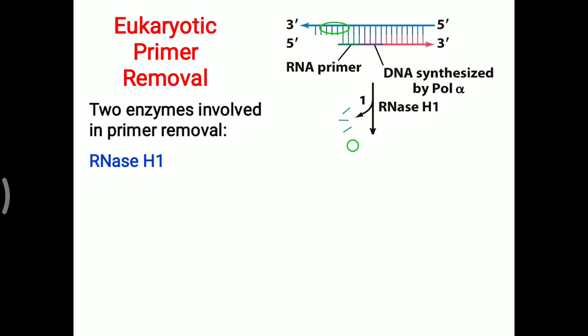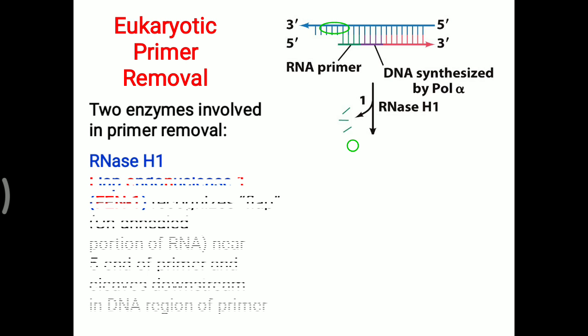Now eukaryotic primer removal: once the utilization of the primer is over, it will be removed, and for this two enzymes are involved. One is RNase H1. This RNase H1 identifies the RNA primer, and the RNA primer is removed with the help of this enzyme.